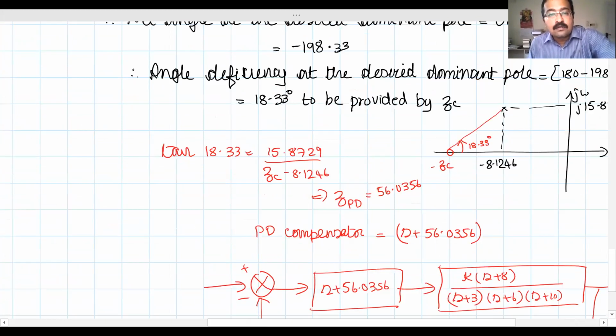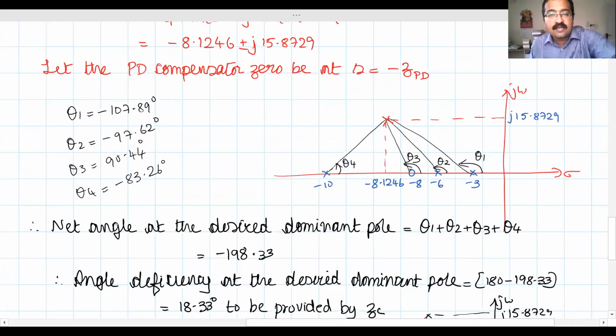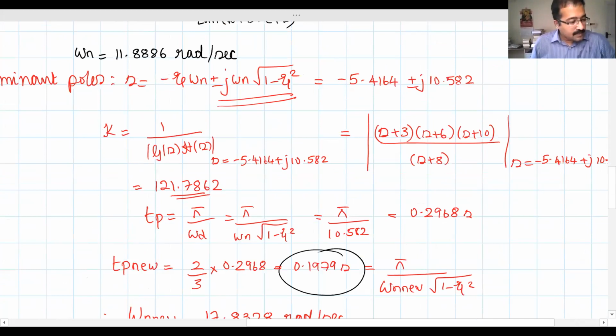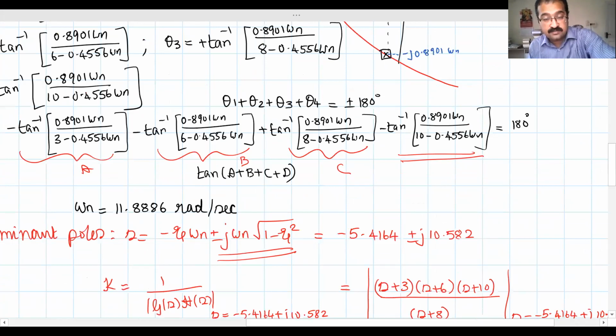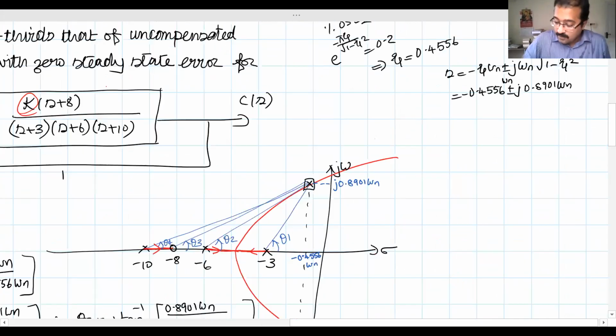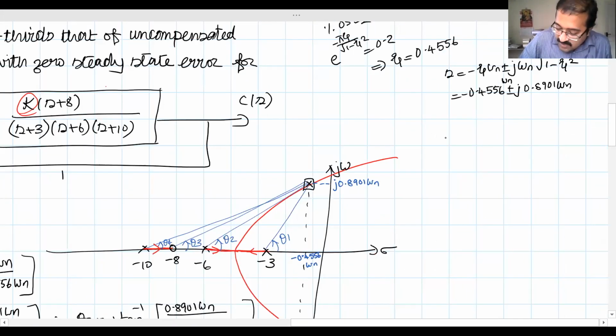Now, if you want, you can also calculate the steady state error. How will you calculate it? Limit s tends to 0 of G(s)H(s). So what is the static position error constant Kp1?